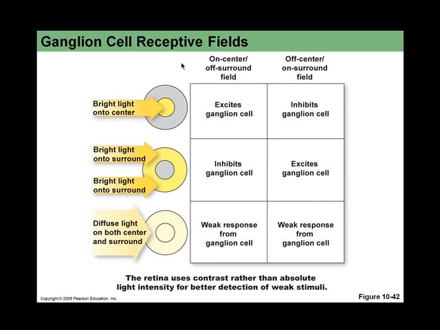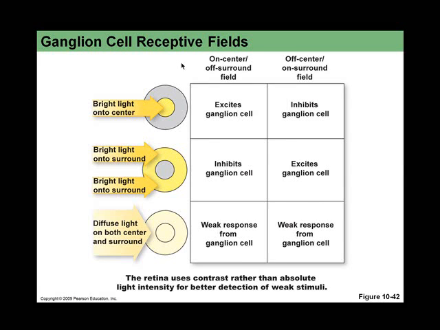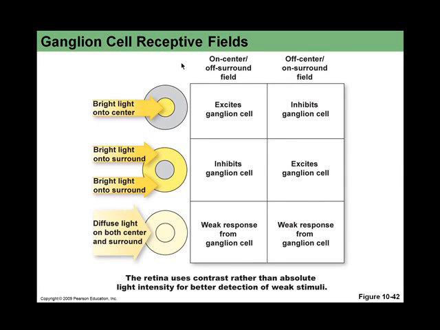So there are large magnocellular ganglion cells, also called M cells for short, and they're more sensitive to information about movement. And then small parvocellular ganglion cells, or P cells for short, that are more sensitive to signals that pertain to the form and fine detail, like the texture of objects in the visual field.